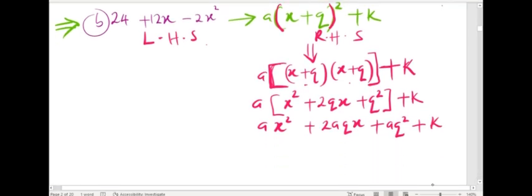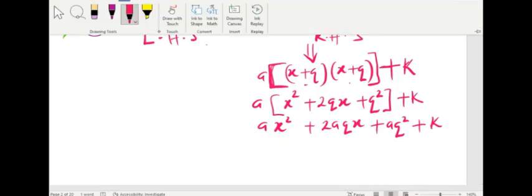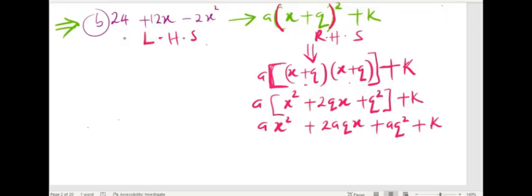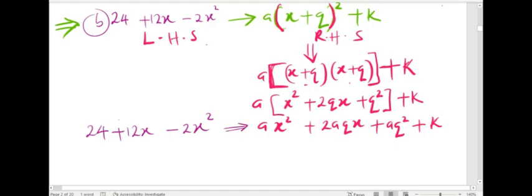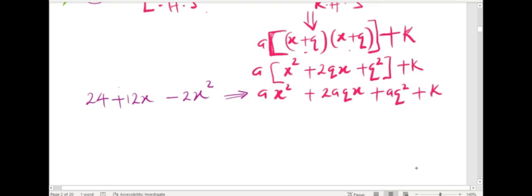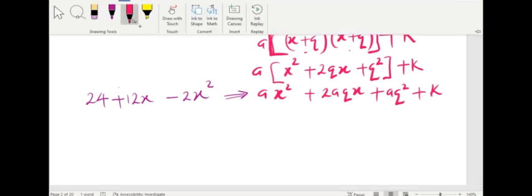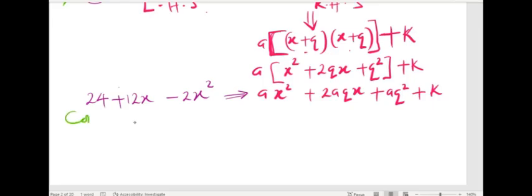So what we just need to do is compare the left-hand side with the right-hand side. Remember, the left-hand side is 24 plus 12x minus 2x squared, and it must be equal to this.